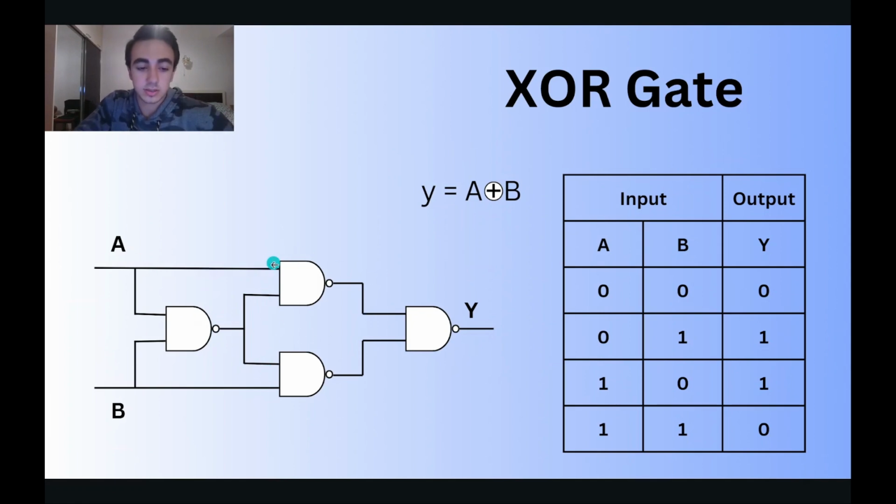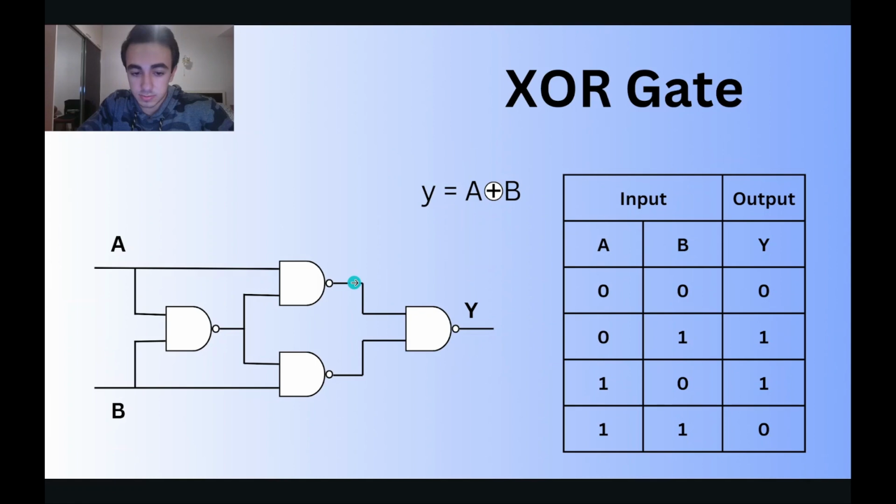In this gate, the inputs are 0 and 1. The AND gate would output 0, but the NAND gate outputs 1. And here also, the inputs are 1 and 0. The NAND gate also outputs 1.